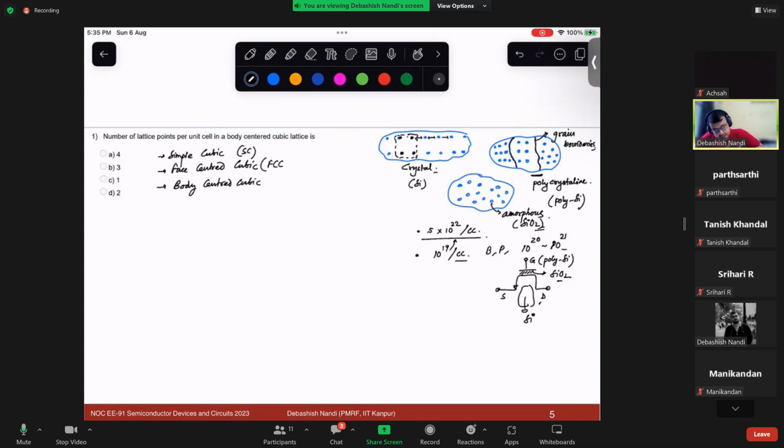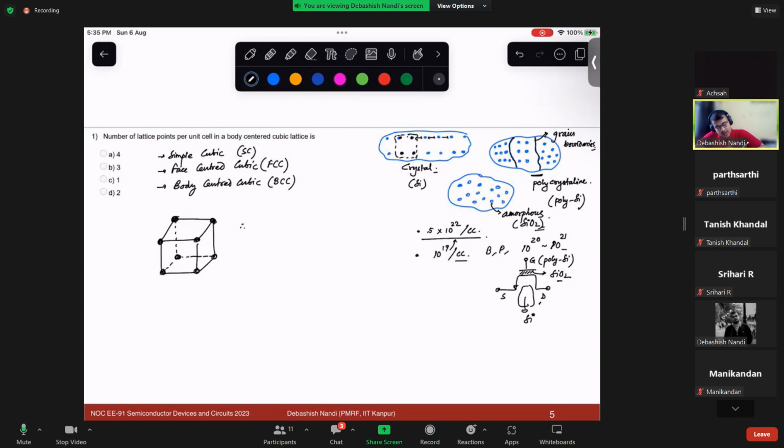This is FCC, this is BCC. So what is a simple cubic? As you can understand from the nomenclature, the atoms will sit at the corners.